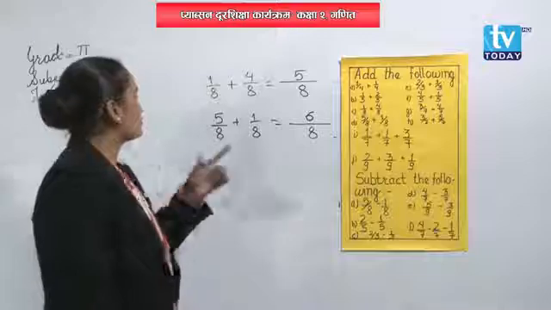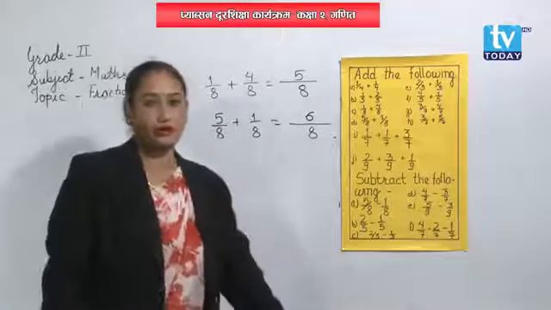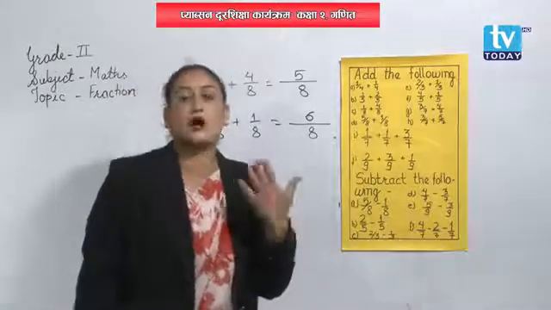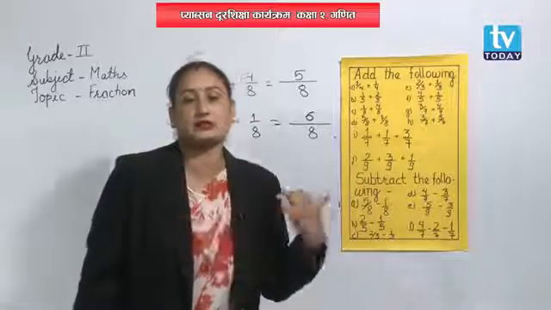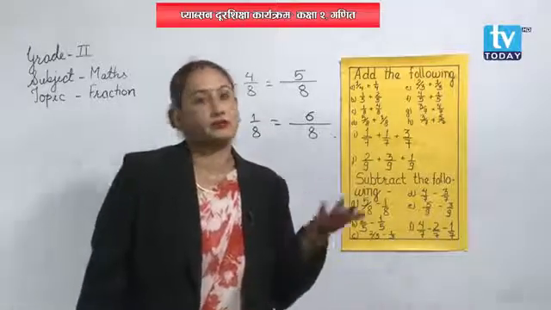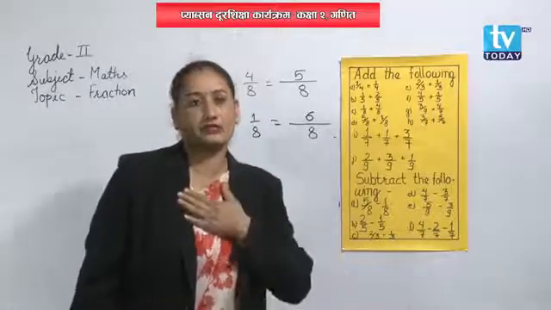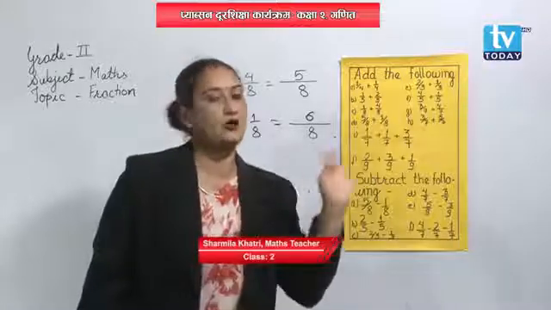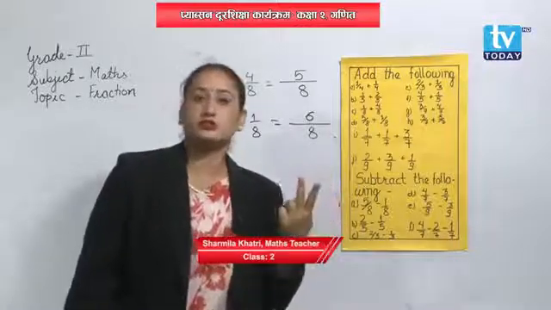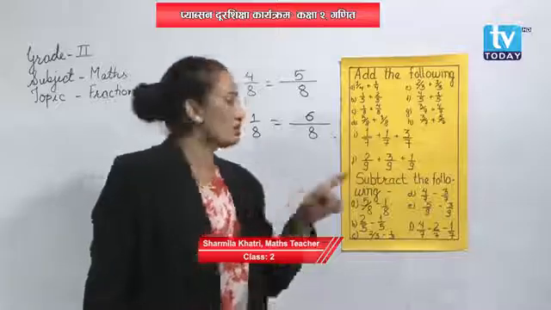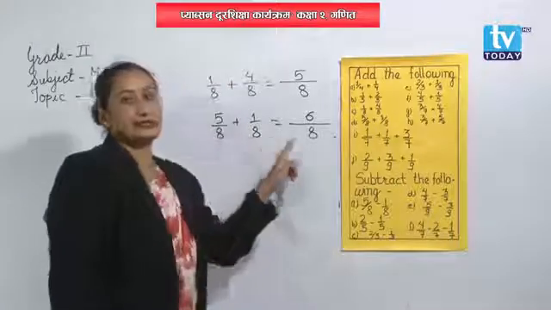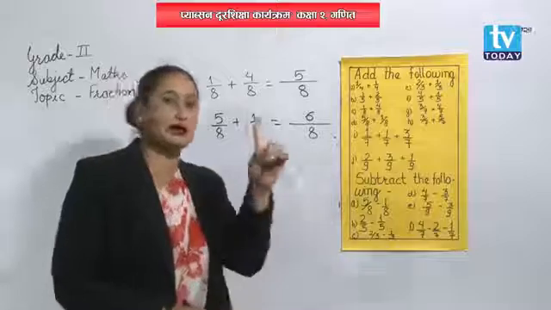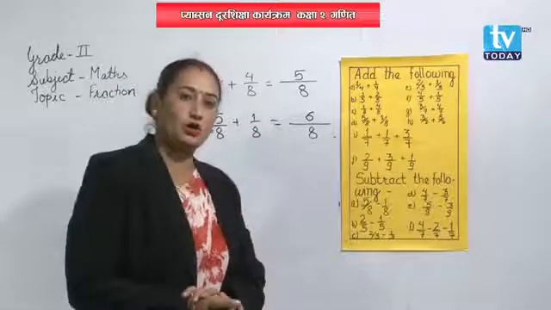So, if I took 5 pieces from that apple and you are taking 1 piece, then altogether how many pieces do we have out of 8? It will be 6. 5 I have taken and 1 you have taken, right? So, total is 6. Now, how many are left over there? 2 in the plate, okay? So, that means 8 is the common. So, you have to take only one single 8 as common, okay?